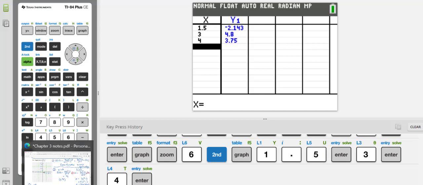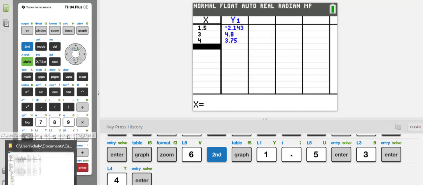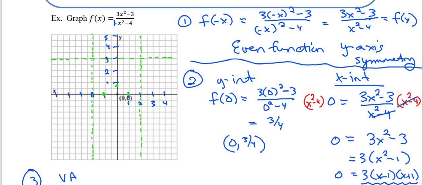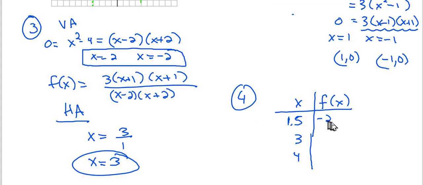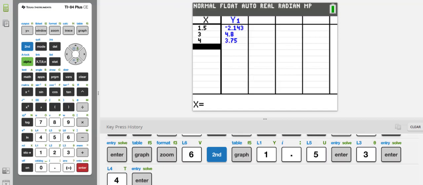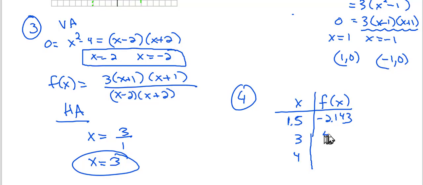For 1.5, negative 2.143. For 3, we got 4.8. And for 4, 3.75. So let's graph those.